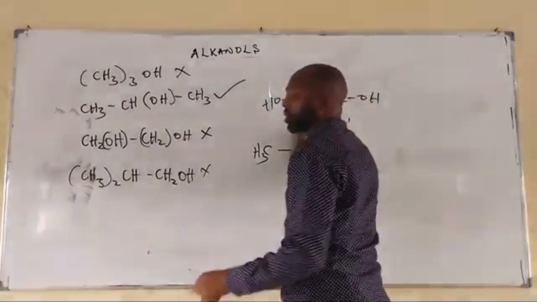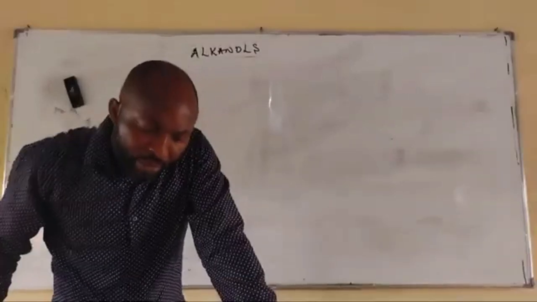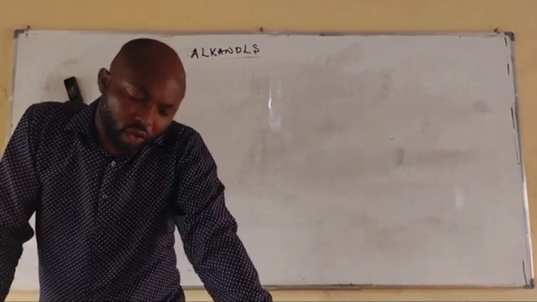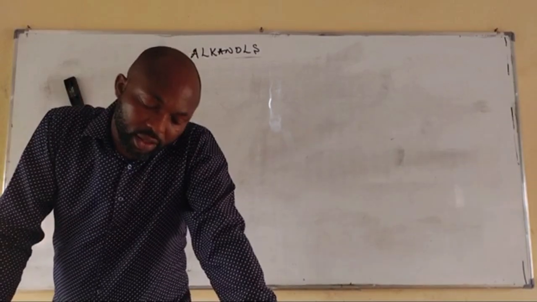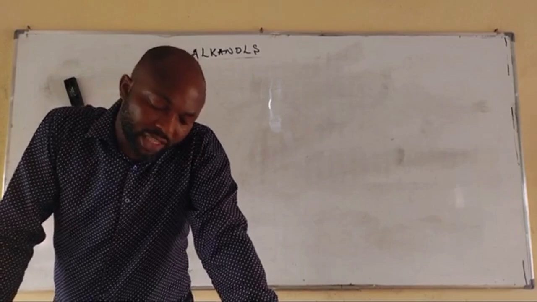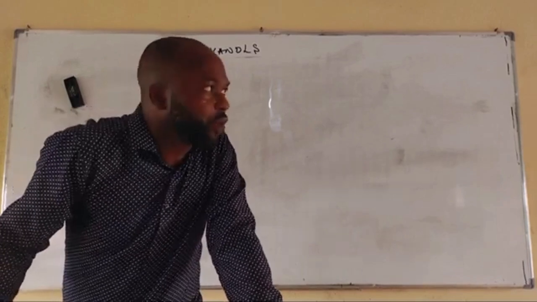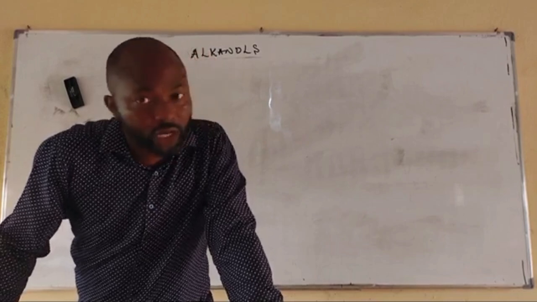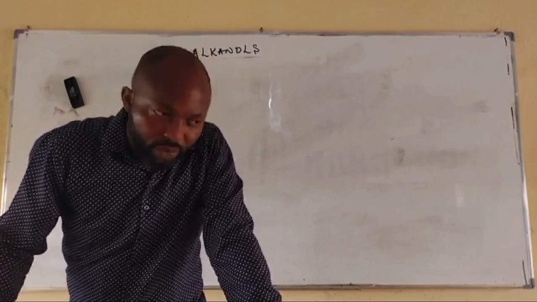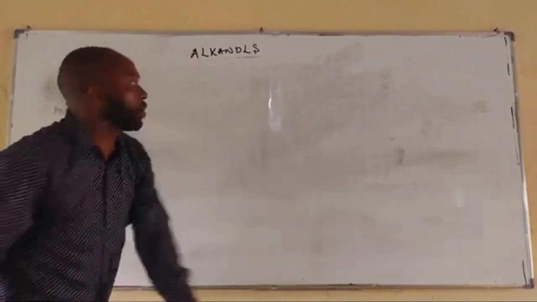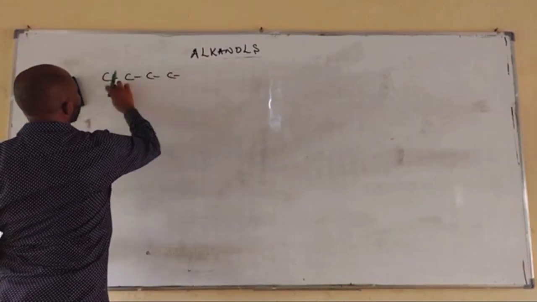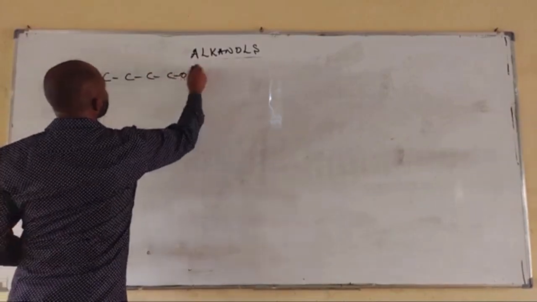So let's take another question. By the use of an alkanol with 4 carbon atoms, draw one structure each to illustrate the primary, secondary, and the tertiary alkanol. So we should make use of an alkanol which has 4 carbon atoms, that is butanol. We use it to illustrate primary, secondary, and tertiary alkanol. So this is 1, 2, 3, 4 OH.